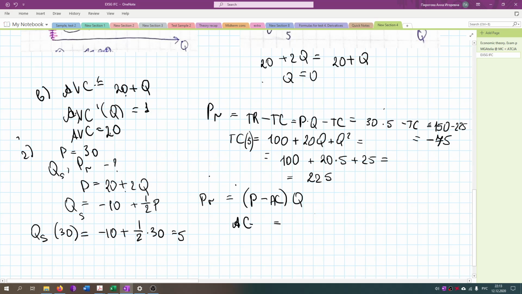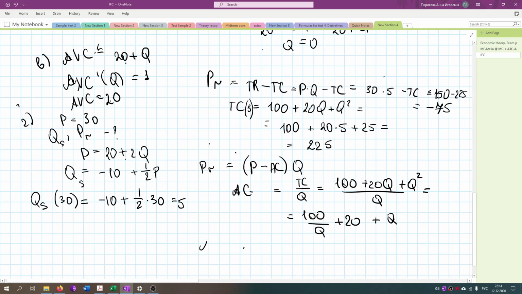Well, we need to divide our total cost by Q, and we will receive 100 plus 20Q plus Q squared divided by Q, which is 100 divided by Q plus 20 plus Q.